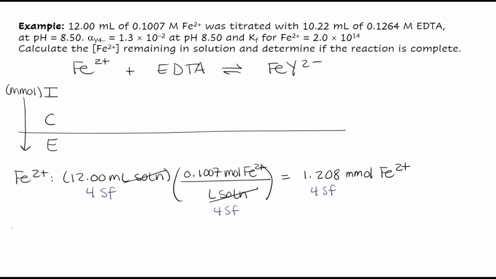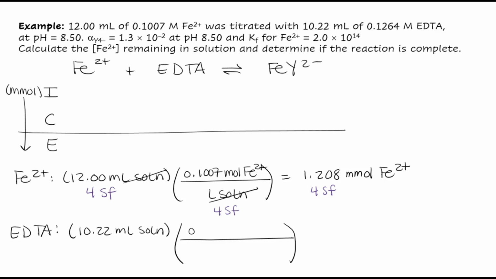The millimoles of EDTA we get from the volume, 10.22 milliliters of solution, times its molarity, which is 0.1264 moles of EDTA per liter of solution.